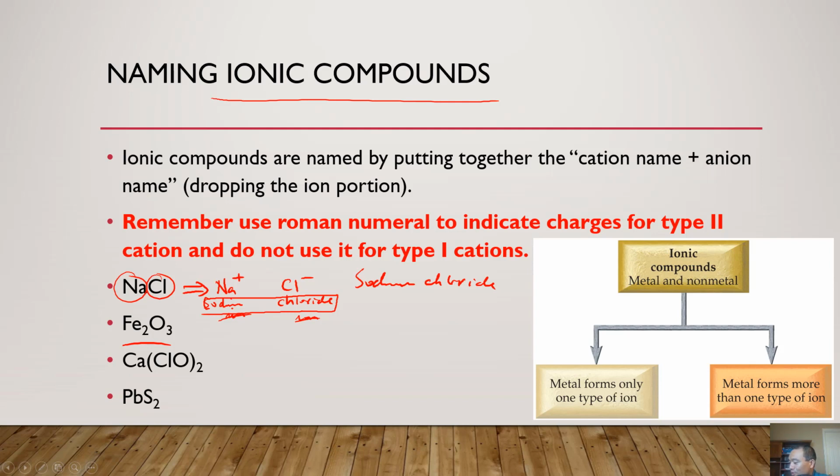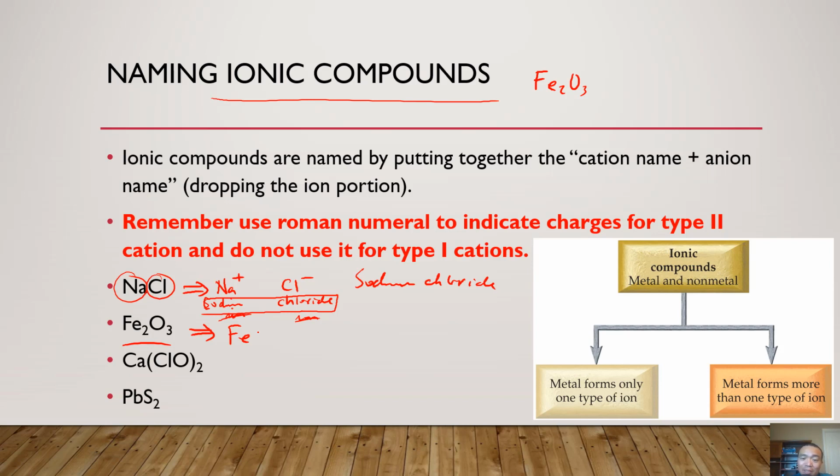Okay. Fe2O3, remember, how do you do this one? Let's go over this in detail. First, you do remember oxygen is monatomic. You know the charge for each one. For Fe2O3, you need to figure out, first thing, the ions. For Fe, iron, it's a type 2 cation. How do I know?